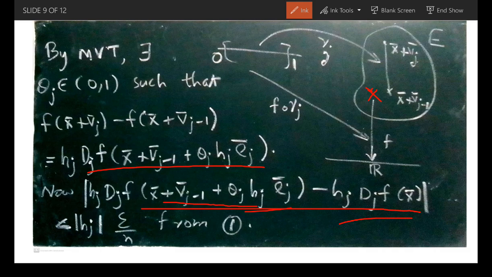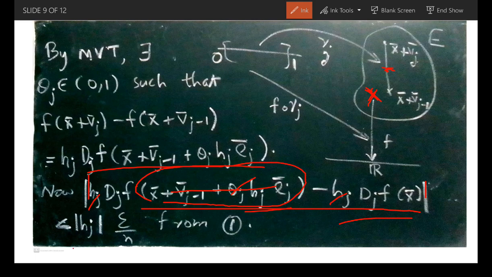And this point x + v_{j-1} + θ_j h_j e_j lies somewhere here in that line segment. So the value of the partial derivative at this point in that line segment, minus the value of the partial derivative at the point x, multiplied by h_j. Now take the absolute value, modulus of that. Understood?